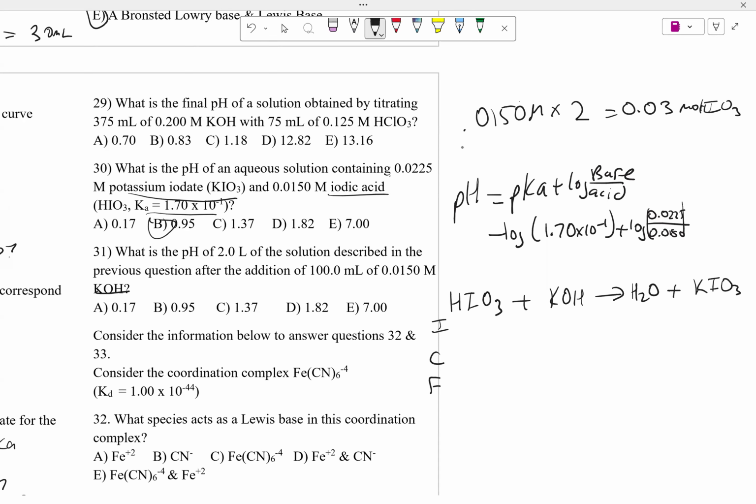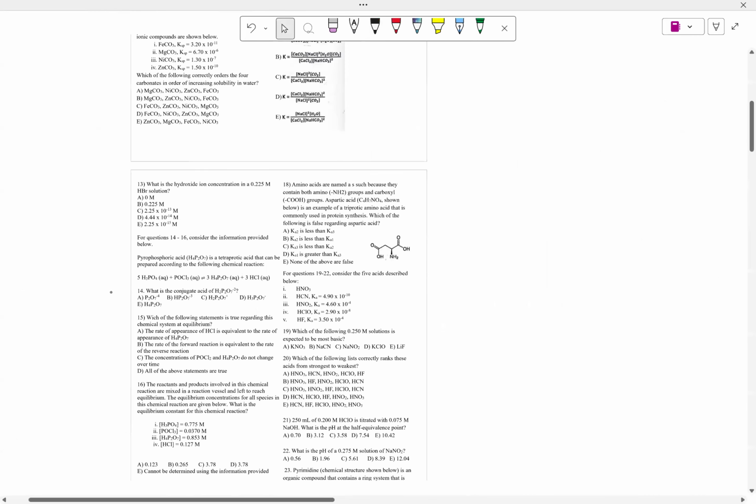The iodate is 0.0225 molarity times 2 liters, so that will be 0.045 mole of IO3. And the bottom one, KOH, is 0.0150 M times 0.1 liters, and that's going to equal 0.00150 moles of KOH.